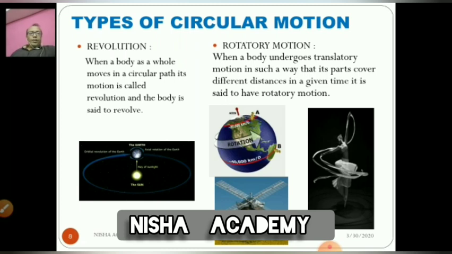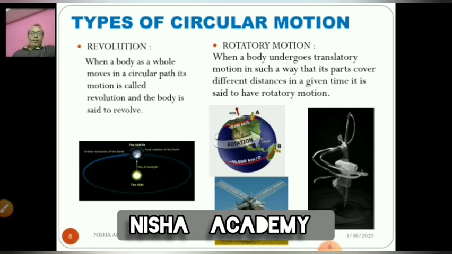In the other three figures, what can you observe? The earth is rotating around its own axis. In another figure, you can see a windmill. Another simple example is a fan in your home. You can see that all the wings of the fan are taking a round around a fixed point.